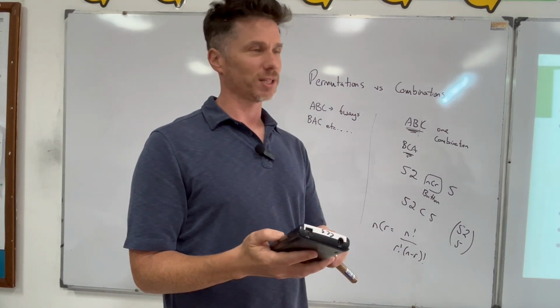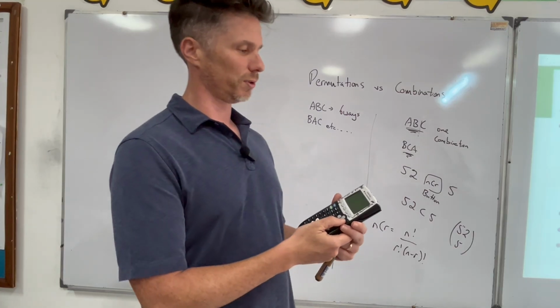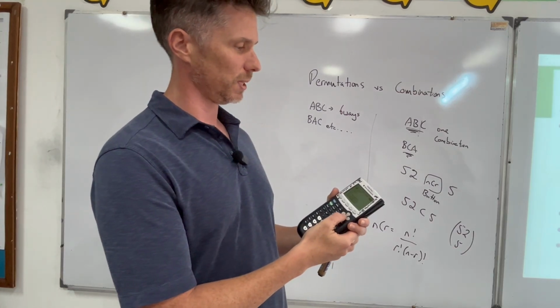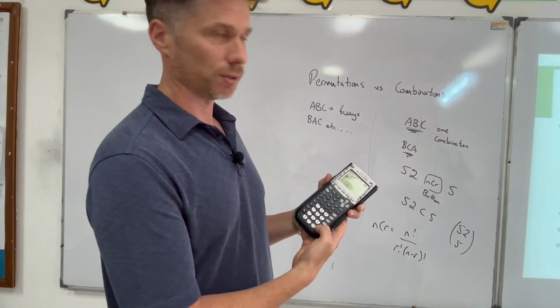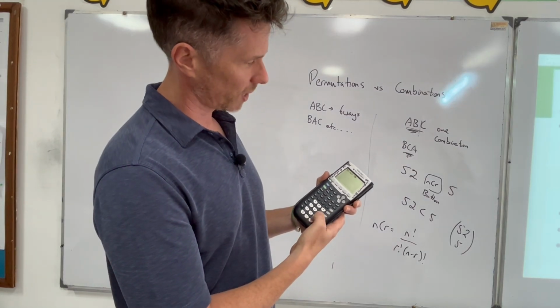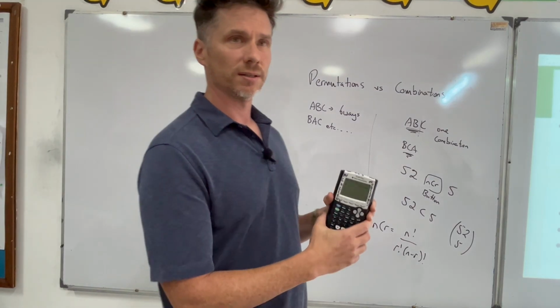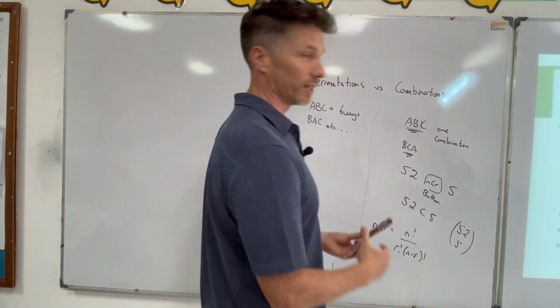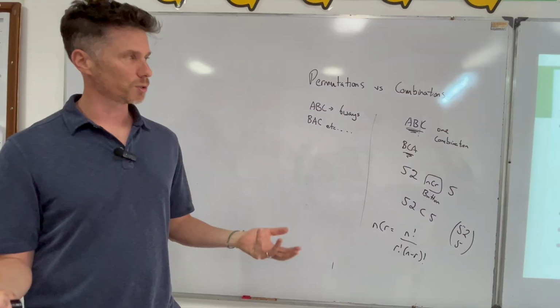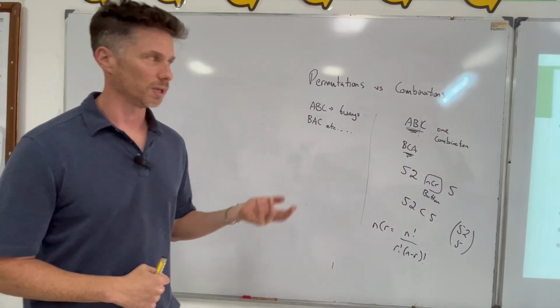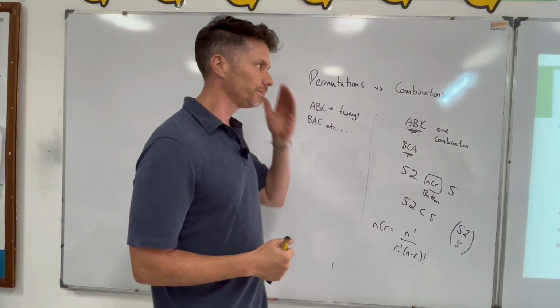Then press math and scroll over to the probability one, PRB, and it is the third one down. It is nCr. And then press 5, and you get that answer that we had earlier on. So that's 52 cards. Pick any 5.